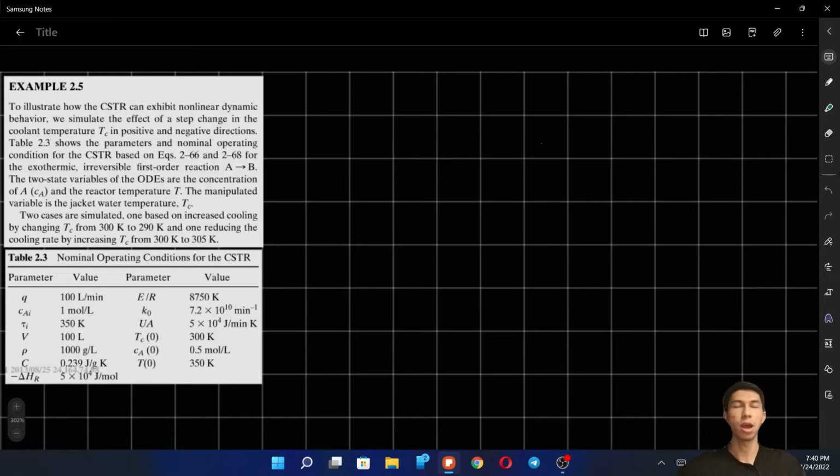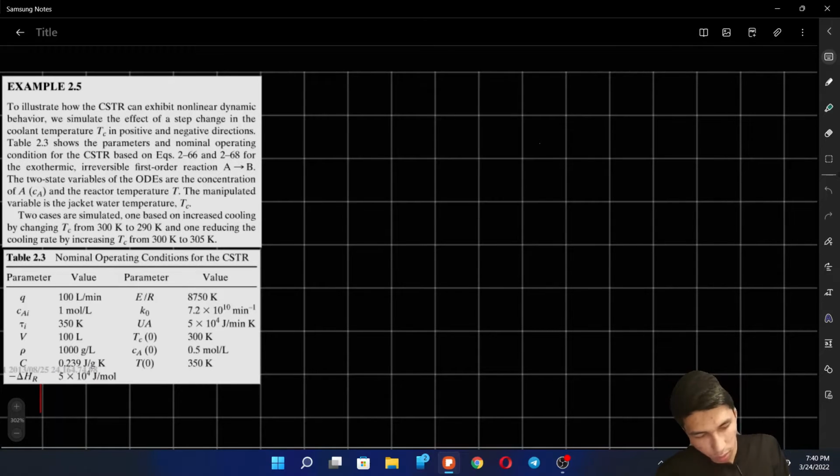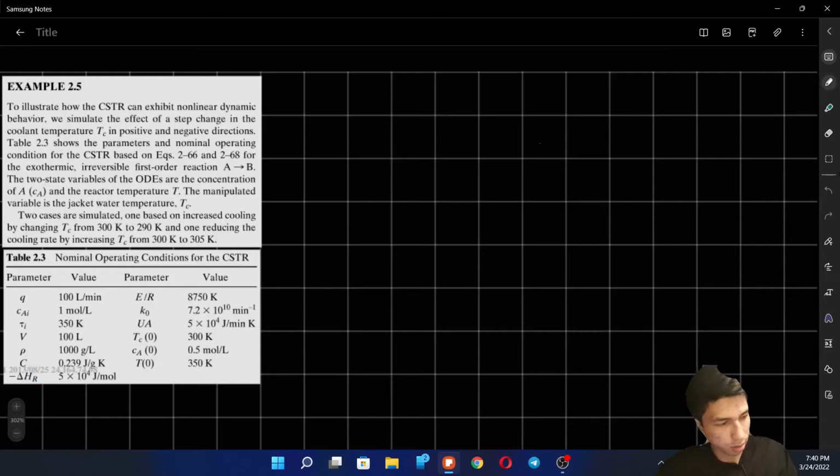As we are going to be working with a continuously stirred tank reactor, let's draw the diagram for our reactor first.